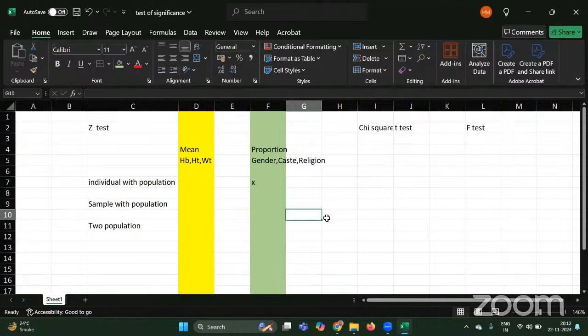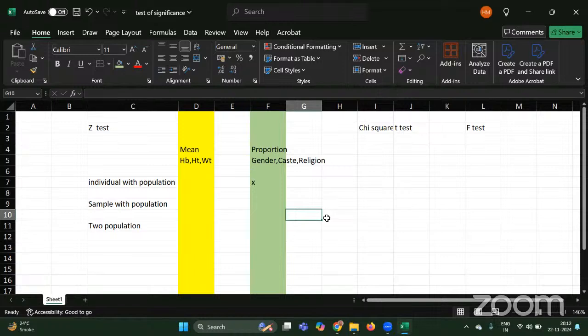Such a thing we do not examine, an individual with a population in case of proportion. Let's say that in a particular population there are 75 male and 25 female, and you take an individual, whether female or male, and ask whether this individual belongs to this population or not. That question is usually not examined.